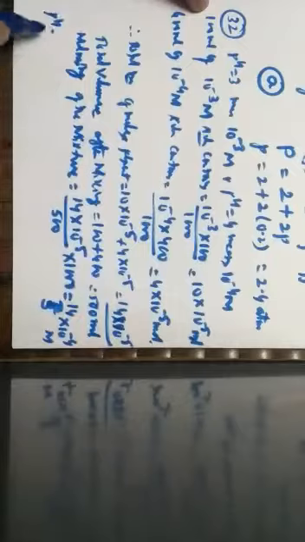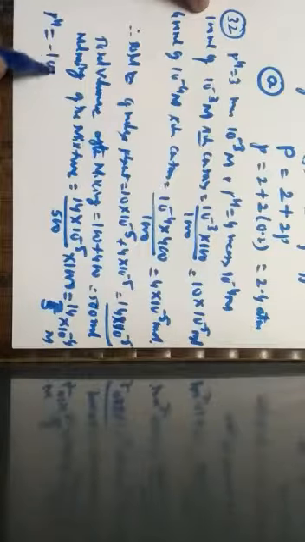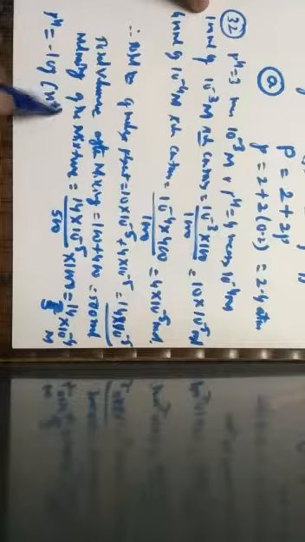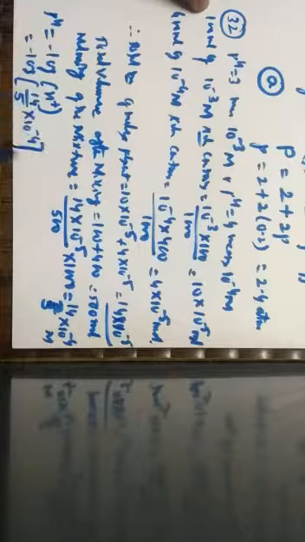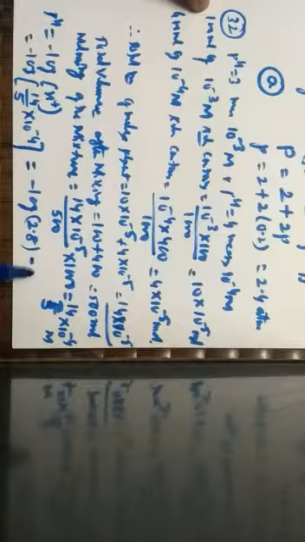Therefore, we know that pH of the mixture is equal to the negative logarithm of H plus ion, that is equal to negative logarithm of 14 divided by 5 into 10 to the power of minus 4. So this comes out to be negative logarithm of 2.8 minus of minus 4. So minus of minus 4 can be written as plus 4.